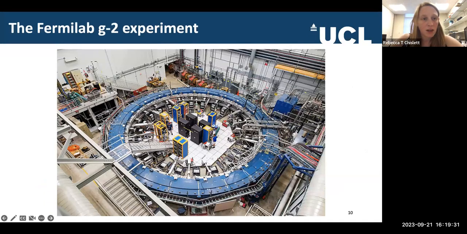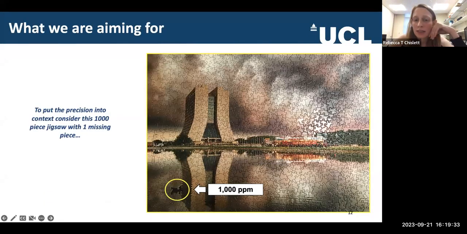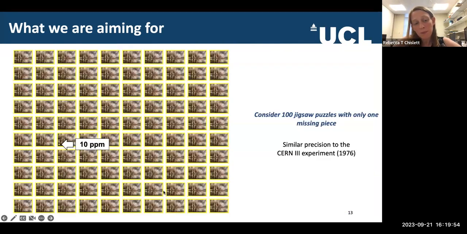So to put into context the uncertainty that we're aiming for, which is 140 parts per million. Here is the g-2 jigsaw. If you lost one piece of this jigsaw, that would be the equivalent of 1,000 parts per million.